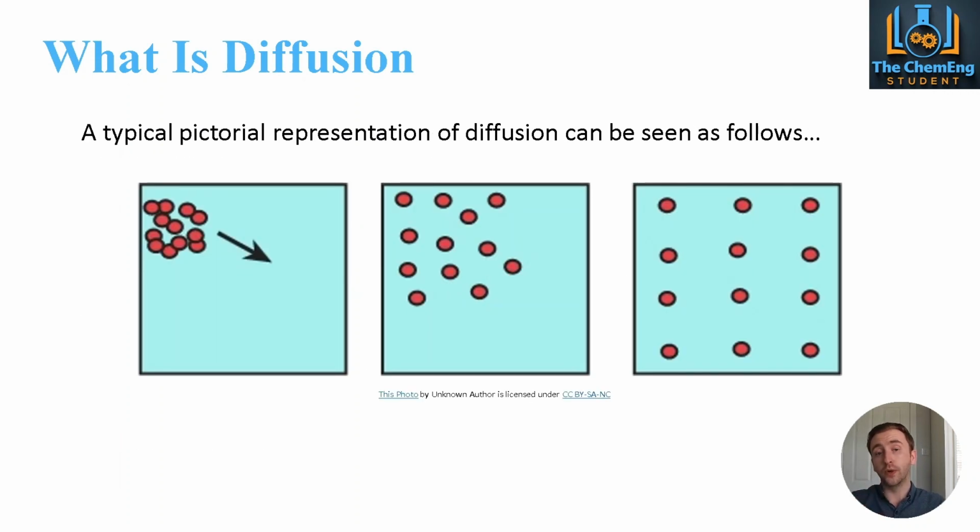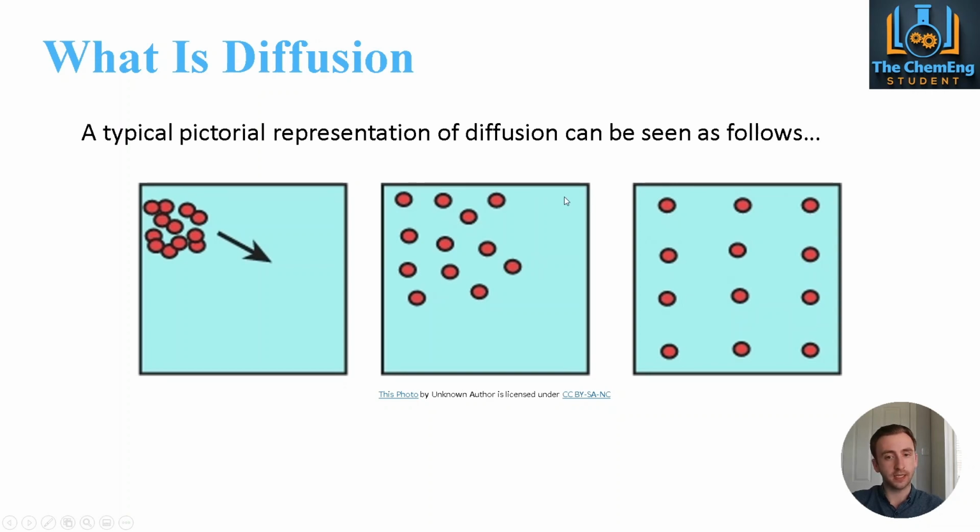A good pictorial representation of diffusion is as follows. If you can imagine the red particles as, say, sugar, then in this corner we have a high concentration of sugar, but the rest of the schematic is low to zero concentration of sugar. Over time, you would see that the particles begin to spread out, filling the overall geometry.